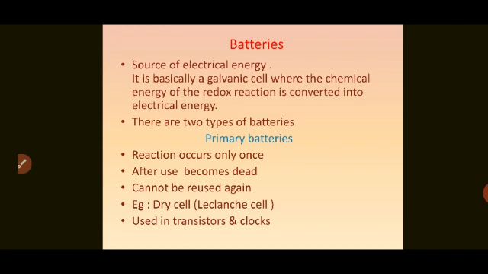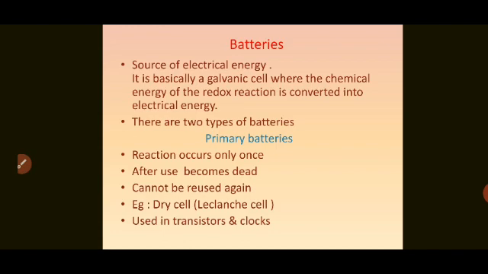Students, in our day to day life, we are using torch or clocks, even wristwatches or calculator. All such devices work on batteries. The batteries may be small or big size, but they provide electrical energy.